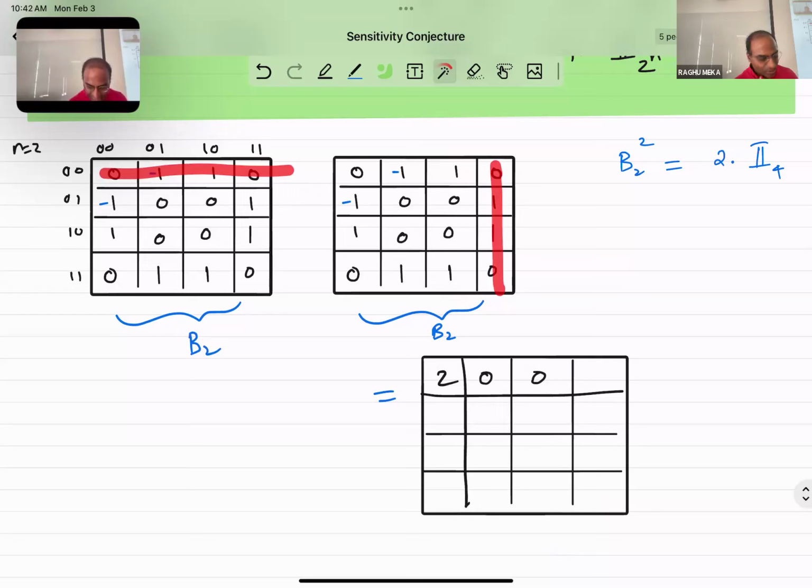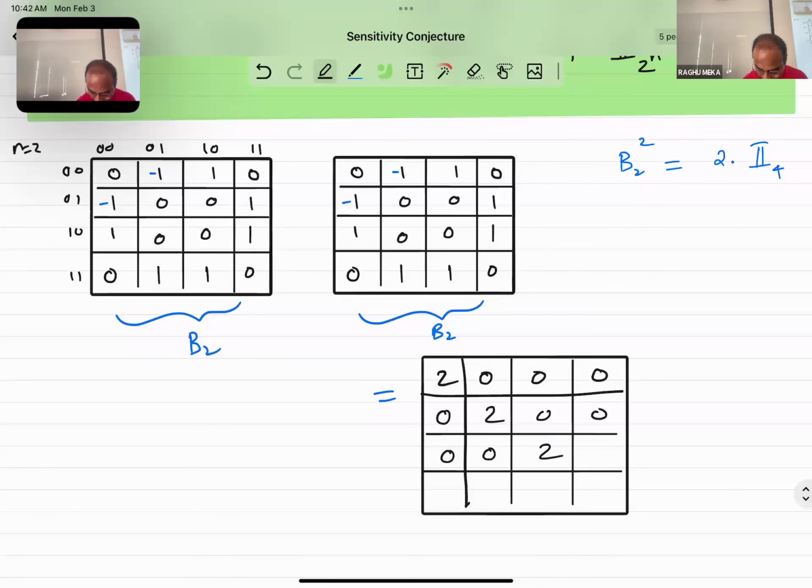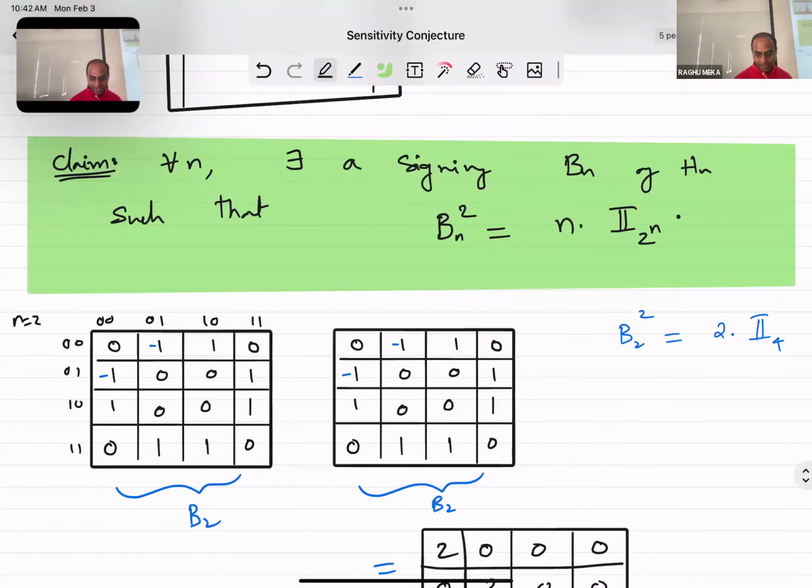This times this, there is overlap, but there's -1, 1 here, and there's 1, 1 there. So I got 0 again. And if you actually check it, you do get this. All right. So, we will prove this in a second, but let's see why it is useful for us.